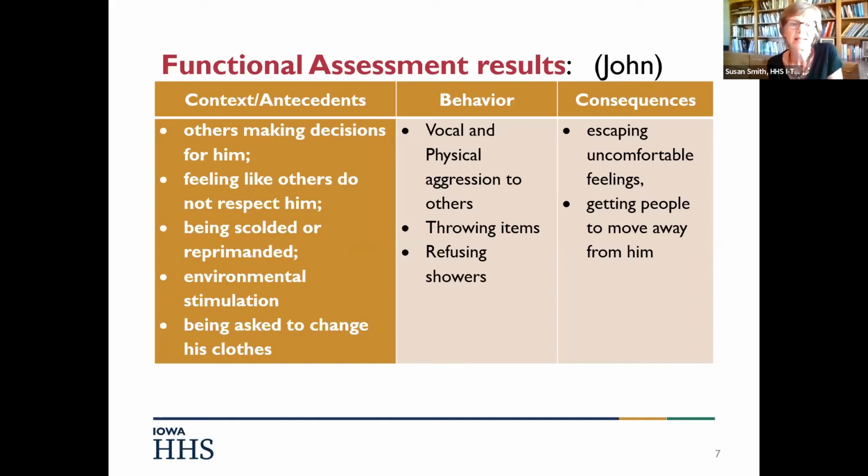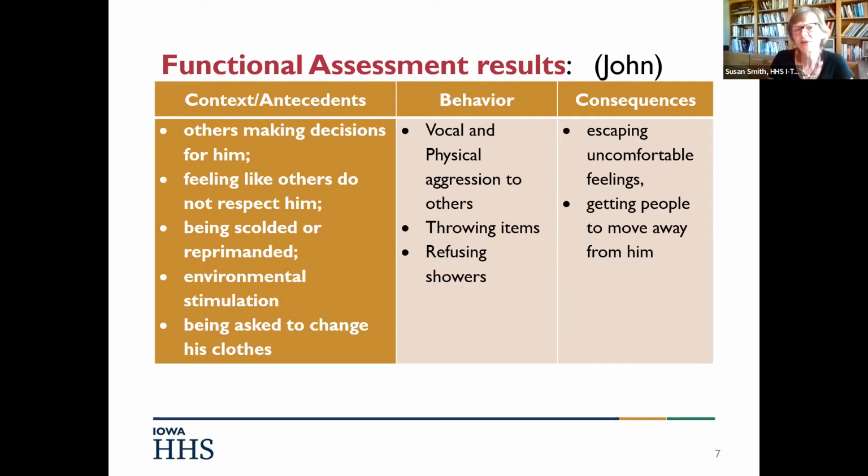So some of the antecedents or contexts in which those behaviors happened were that he felt like other people made decisions for him and didn't treat him with respect, that they treated him like a child. Sometimes when the environment got too stimulating, when there was a lot of noise or a lot of people walking around, and also when he was asked to change his clothes, he would not only refuse to do that, but he would refuse to take a shower as well.